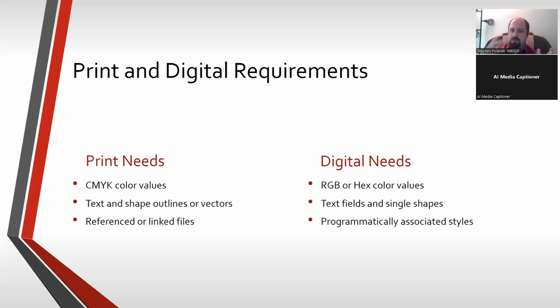I would recommend starting in almost a mix where you start with CMYK and text fields and vectors and such, but then once it's starting to look like it's ready to go, then you start diverging, because then you can do the final conversions of vectors to single elements or color from CMYK to RGB or what have you, and that'll help you keep the same look while satisfying those digital needs for accessibility and also whatever printing company you use, their needs in order to actually print out your document for you.